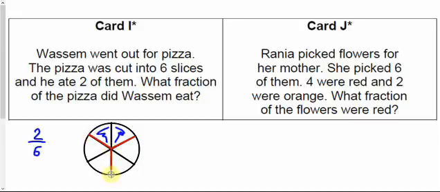If I take each 2 slices alone, these 2 together and these 2 together and these 2 together, then I divided the pizza now into 3 pieces, right? So Wasim ate 1 out of 3, so 2 out of 6 is the same as 1 out of 3.